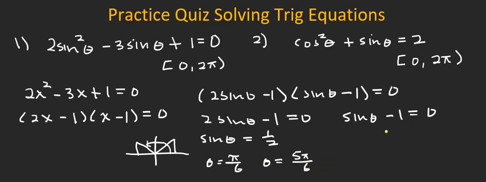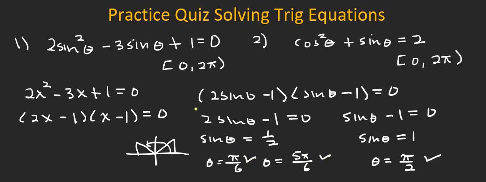What about sine theta minus 1 equals 0? That's going to be sine theta equals 1. And sine of what is equal to 1? Well, that's going to be when theta is pi over 2. And notice, all these three angles are within the restriction. So we have three solutions.